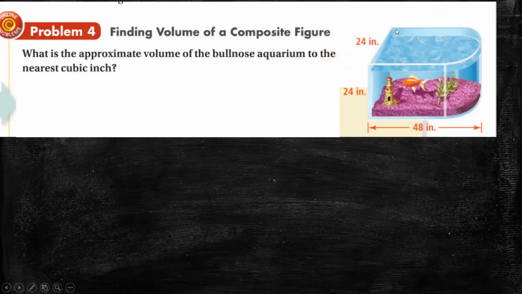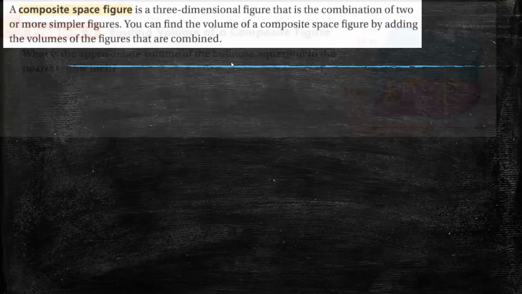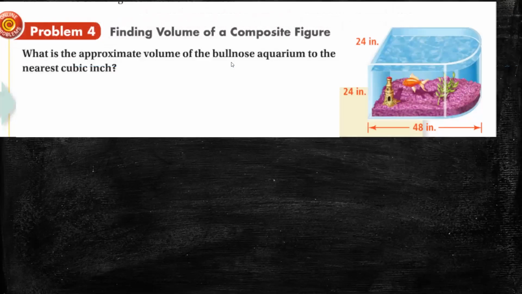Since this dimension here is 24, here it will be 24. So the radius is 12, so this one is 12, and this one is 12.